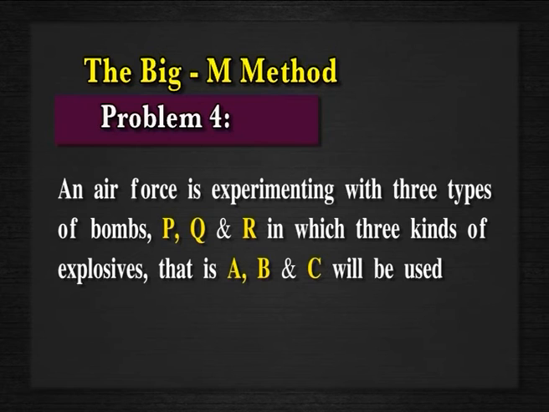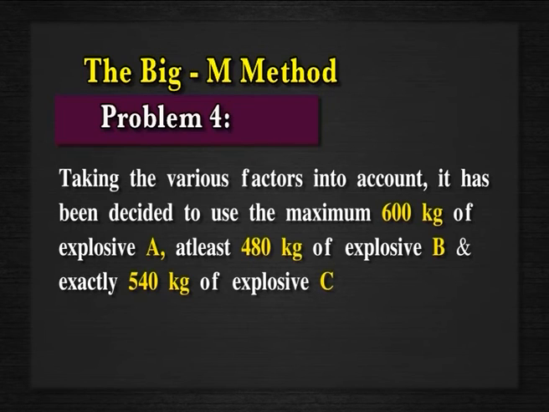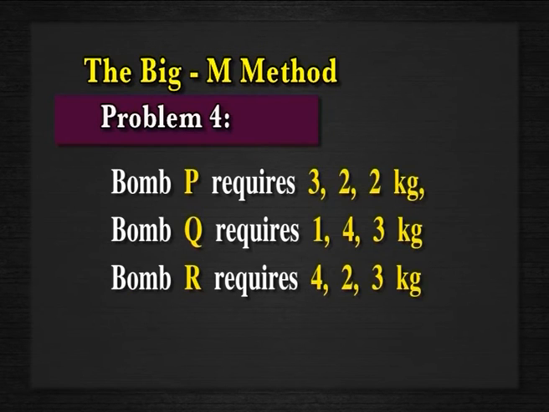Coming to problem 4. An air force is experimenting with 3 types of bombs P, Q and R, in which 3 kinds of explosives, that is A, B and C, will be used. Taking the various factors into account, it has been decided to use a maximum of 600 kg of explosive A, at least 480 kg of explosive B and exactly 540 kg of explosive C. Bomb P requires 3, 2, 2 kg, bomb Q requires 1, 4, 3 kg and bomb R requires 4, 2, 3 kg of explosive.